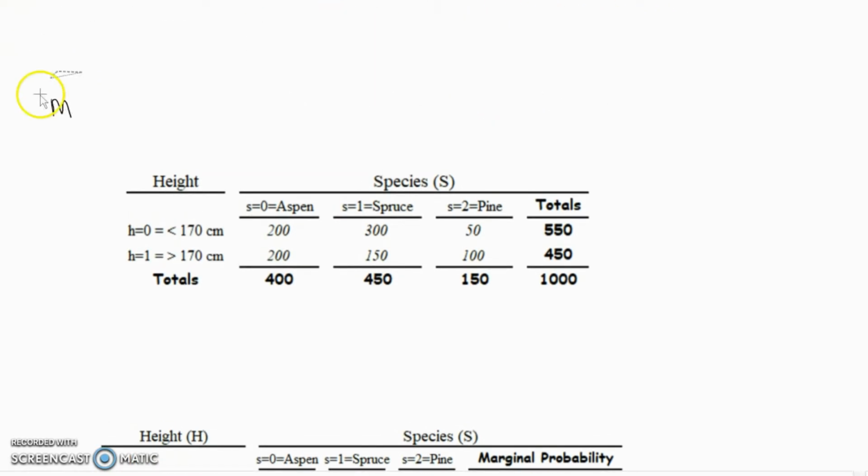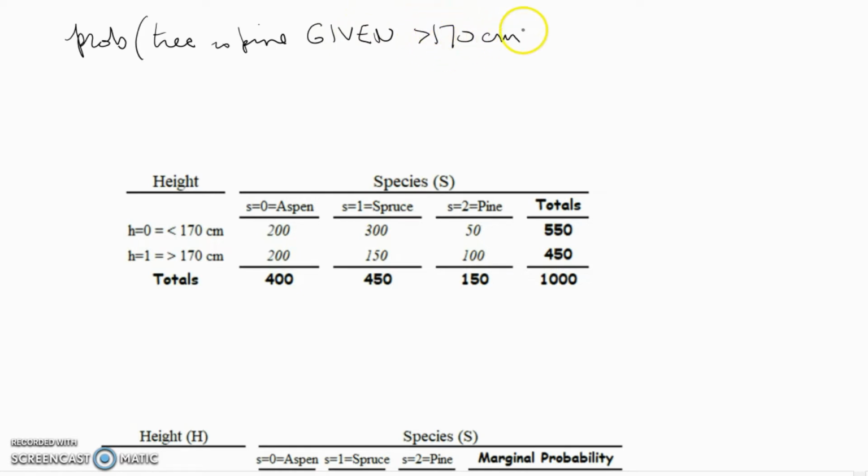conditional probability. And perhaps the best way to approach this is with an example. So what I want to do is evaluate the probability that a tree is a pine. And now the operative word is "given" that its height class is greater than 170 centimeters.